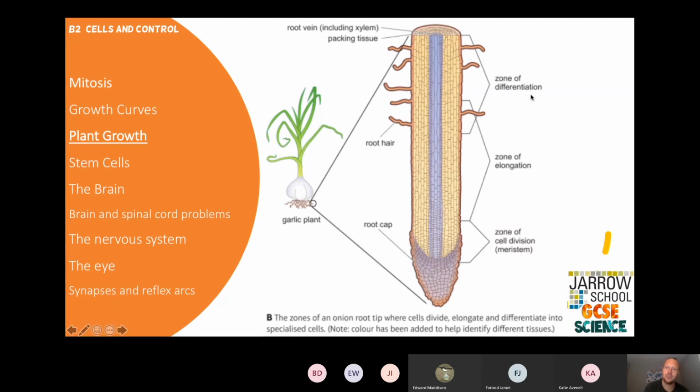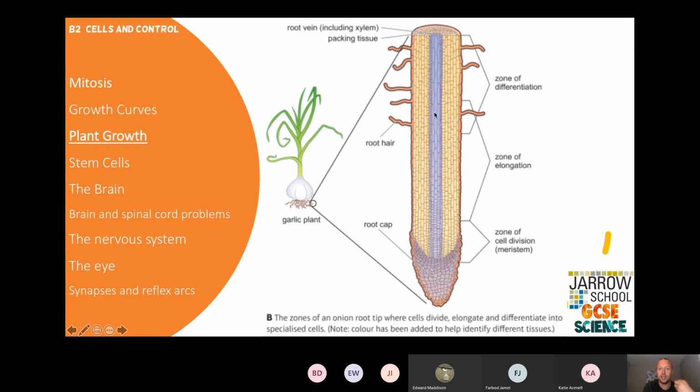Behind that is a zone of differentiation. This is where differentiation is happening. All of the cells are pretty much the same where the meristems are. But here they're turning into xylem. So a thin tube is forming there. All these cells are kind of bunched together, but here they're forming a tube down the middle, which is like one thin tube. That wasn't there before.